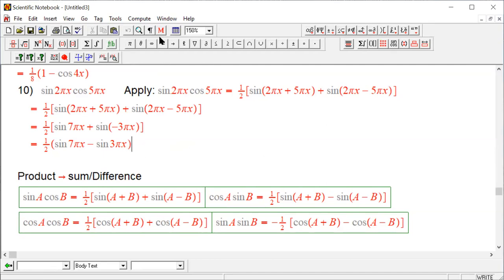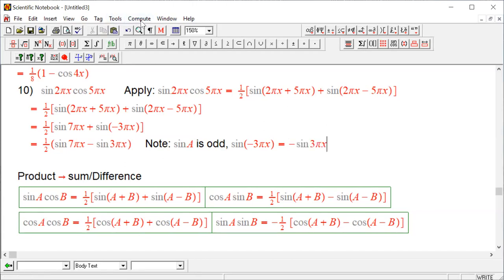Done. Here I'm going to put a note that the sine function is odd, so sine of the opposite input produces the opposite output.